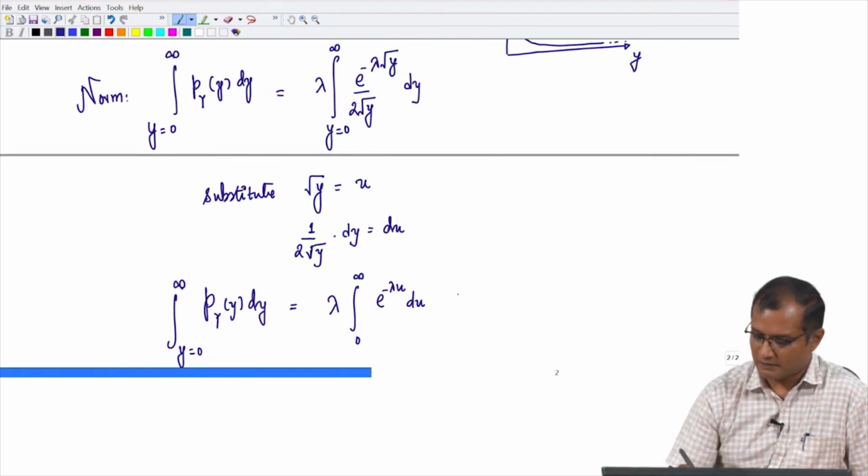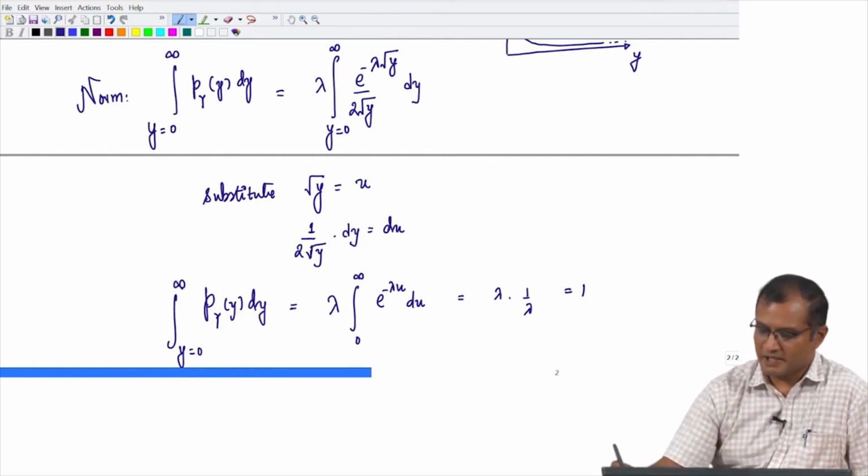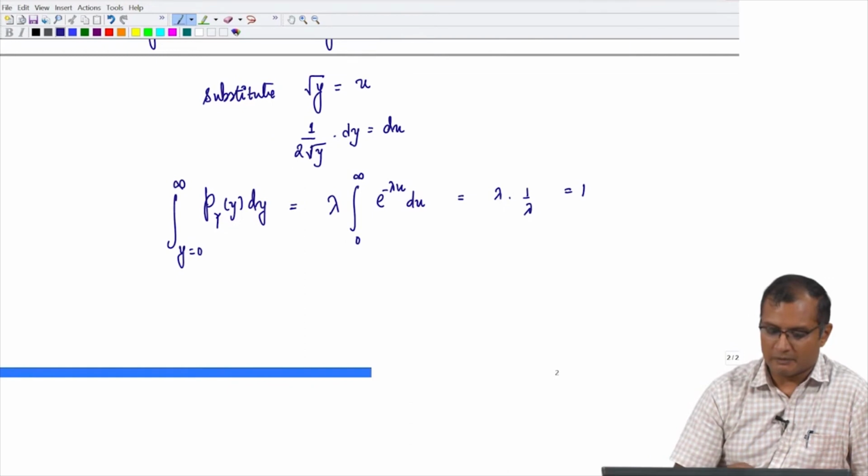So, then you can see that if you integrate this, you will get lambda into 1 upon lambda, which is 1. So, this PDF is also well behaved.